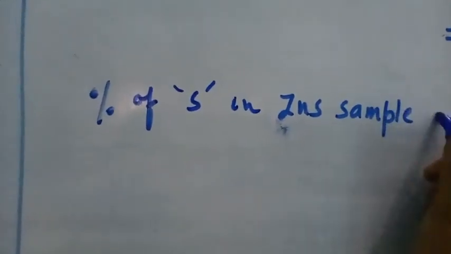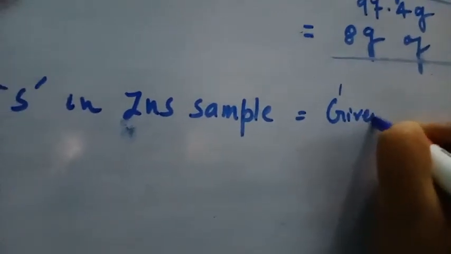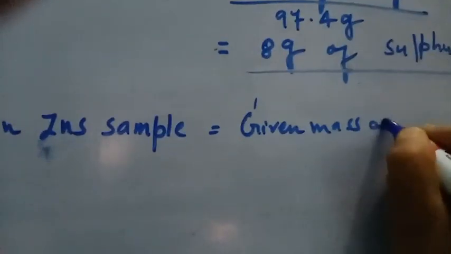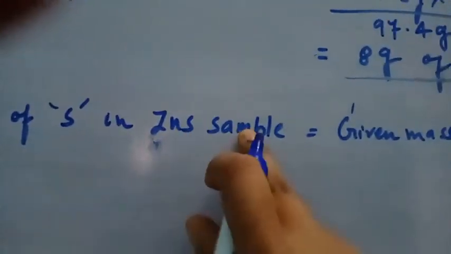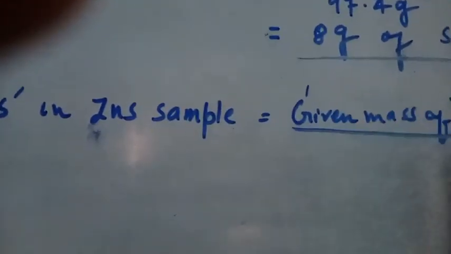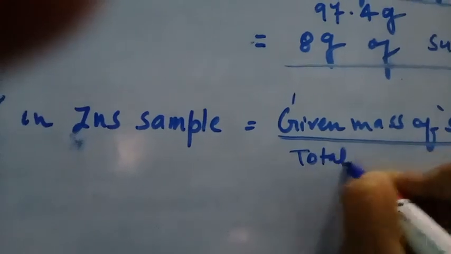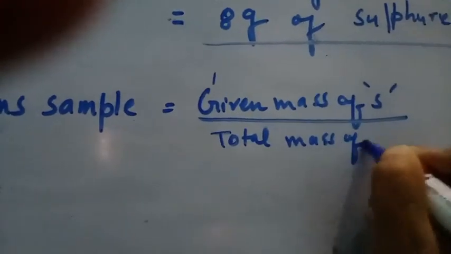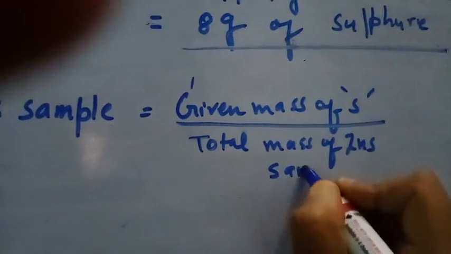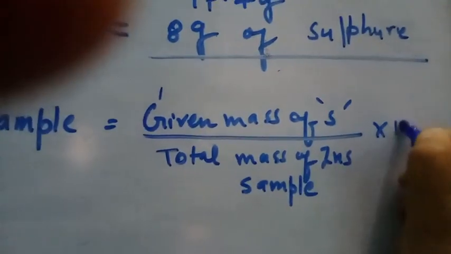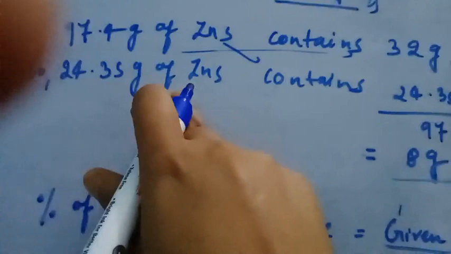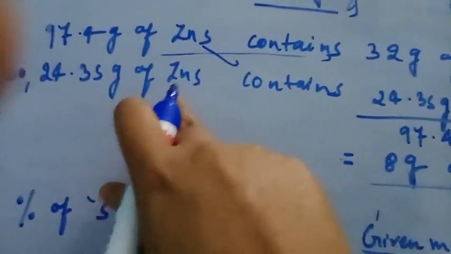Why have we written this? Because the sample is 24.3 gram. So here we can write the given mass of sulfur in zinc blende sample divided by the total mass of zinc blende sample into 100. The given mass of sulfur is how much? We have got 8 grams in 24.35 gram of zinc sulfide or zinc blende sample.